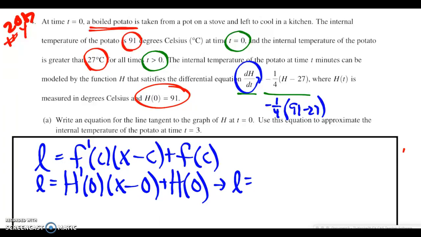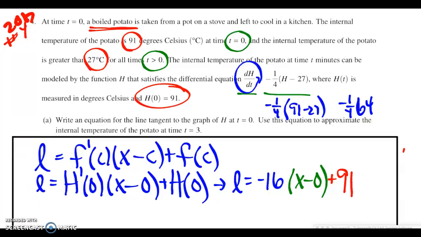I don't necessarily have to simplify it, but I know that 91 minus 27 is 64, and 1/4 of 64 is 16, so h prime of 0 is negative 16. Now let's write down x minus 0. If you don't want to write the 0, you don't have to. And we need h of 0, so I need the temperature at t equals 0, which is 91. So there's my linear equation.